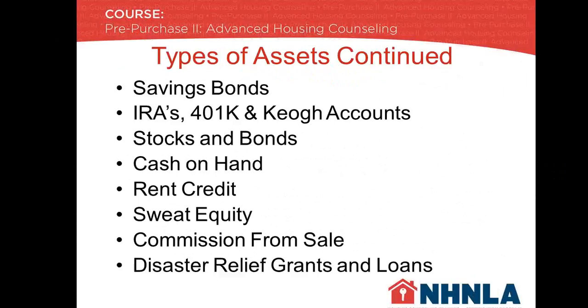There are also disaster relief grants and loans and small business administration loans that are sometimes counted as assets. But if these loans are to be secured by the property, typically they must subordinate to the first mortgage lender.